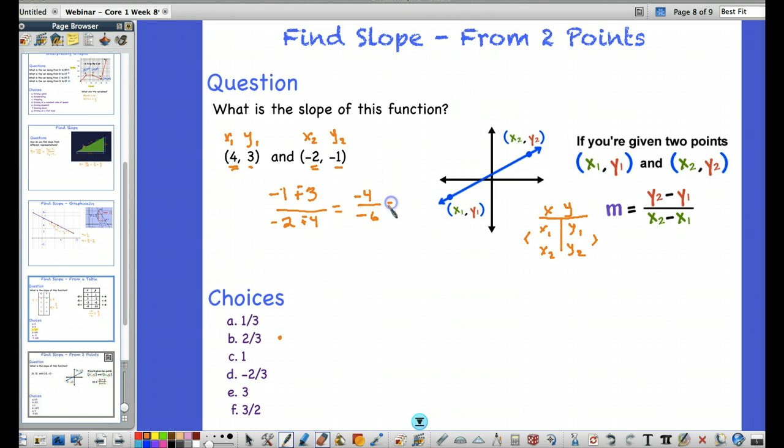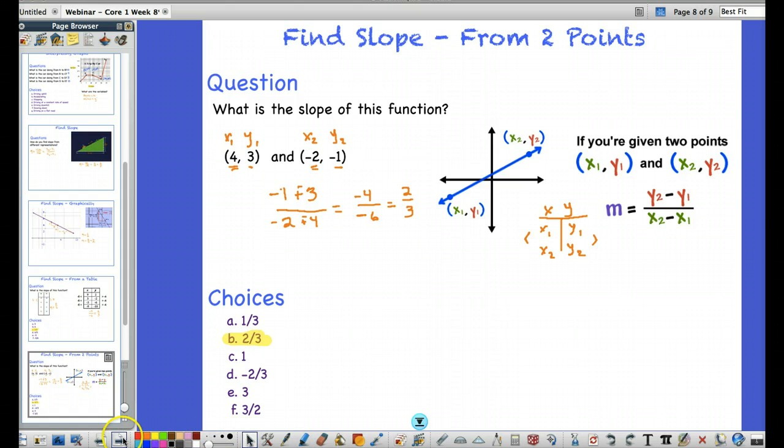But then I can reduce. What's a negative divided by negative? Positive. And then what goes into both 4 and 6? 2. Very good. 2 goes into 4 2 times, into 6 3 times. So, Justin, your answer, you correctly chose the right one. Congratulations. Very nice. Very good.